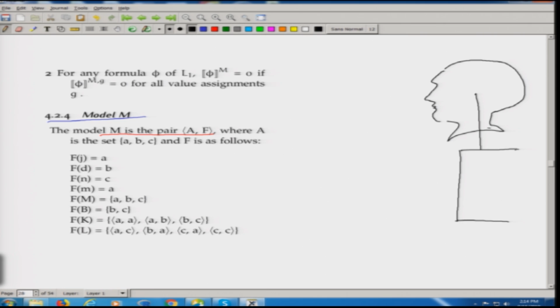What is the language? It's a very simple language. We are calling this L1 as of now.